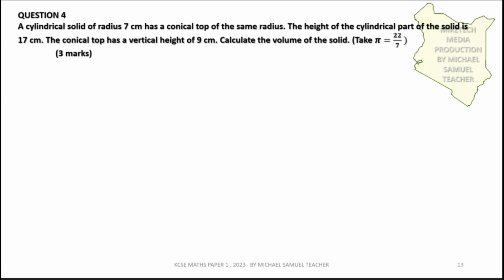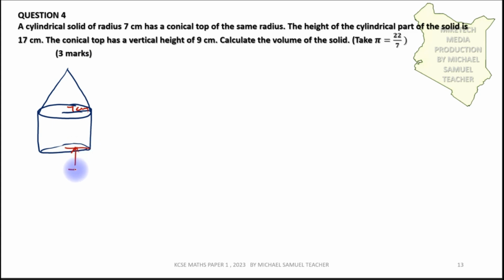So the first thing I'm going to do is just to make a sketch of that particular solid. So it has a conical top. So this is the cylindrical part, and then it has a conical top. Therefore, the information given: it has a radius, so the radius is 7 centimeter.